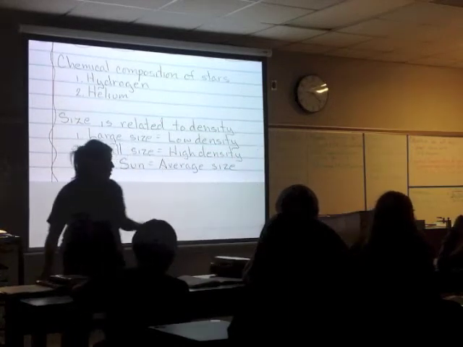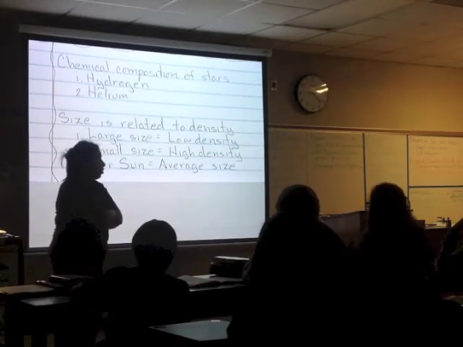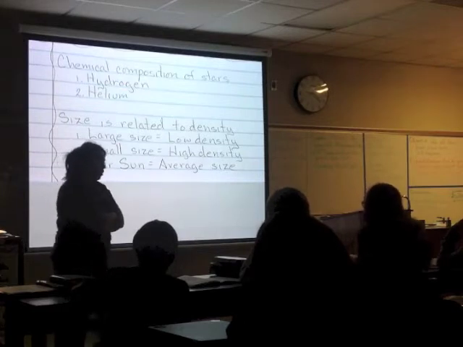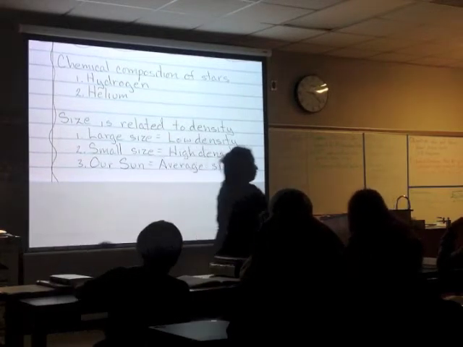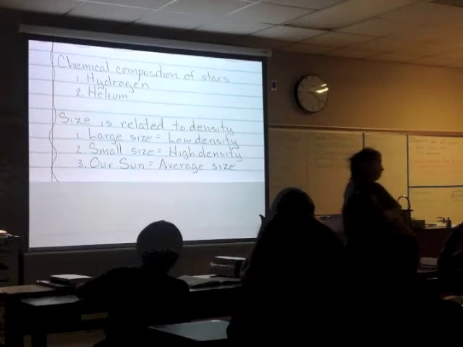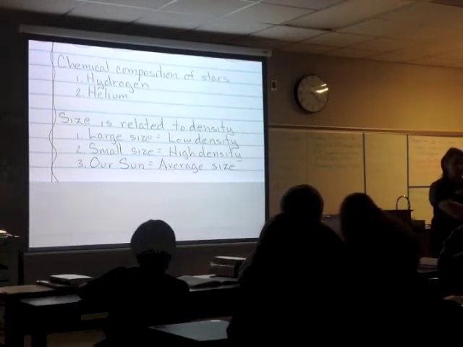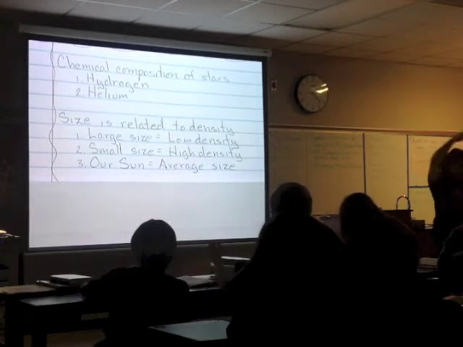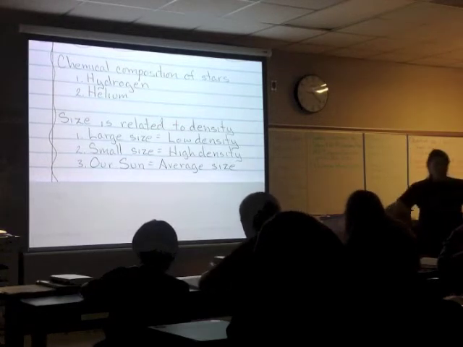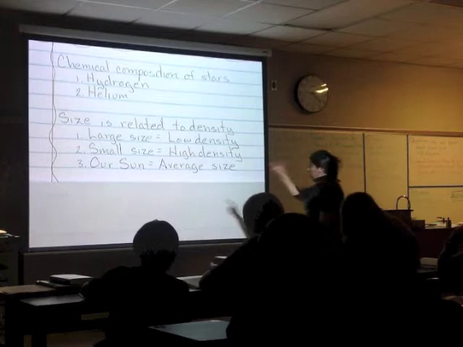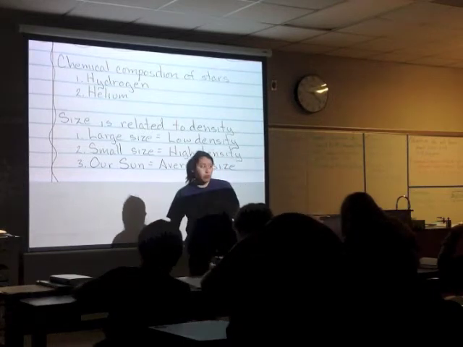So what can you tell me in regards to the mass compared to the volume of a large size? A large size relates to mass or volume? A large size takes up more space, so that's what? Volume. So a large volume, you get a low density.